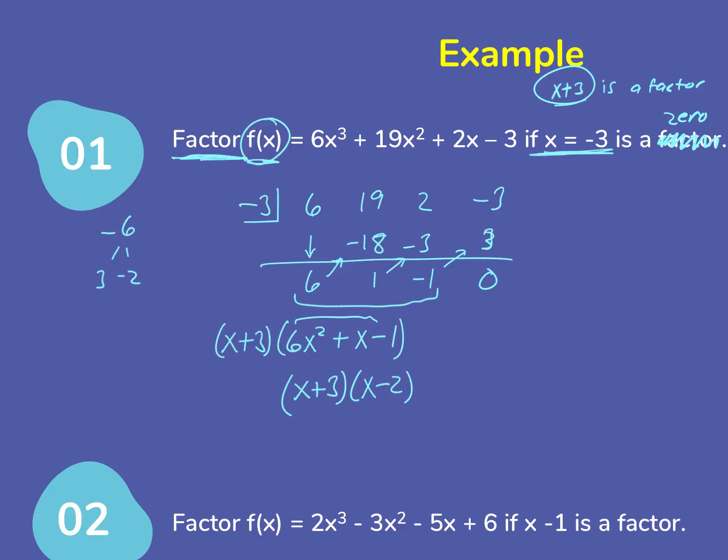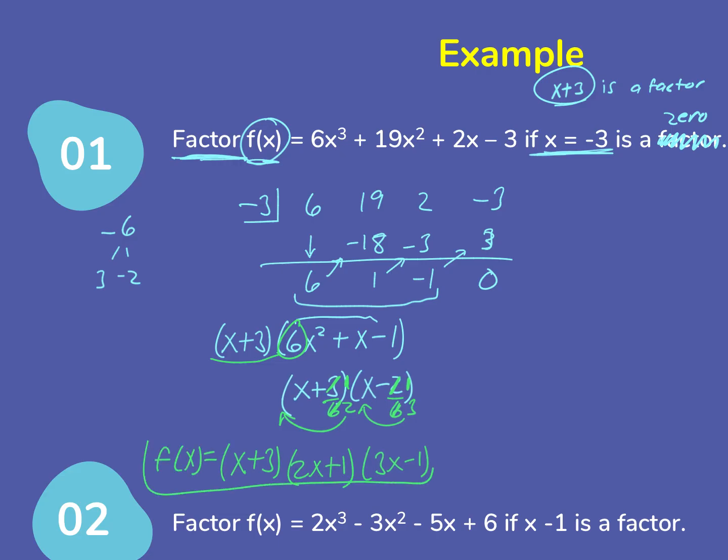Because there's a number in front of that x squared, I'm going to divide both of these by 6. 3 over 6 becomes 1/2, slide the 2 in front. 2 over 6 becomes 1/3, slide the 3 in front. And then we get 2x plus 1 and 3x minus 1. Then I can bring down this original factor of x plus 3.